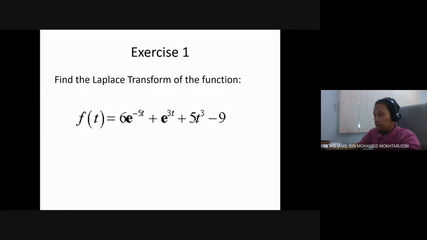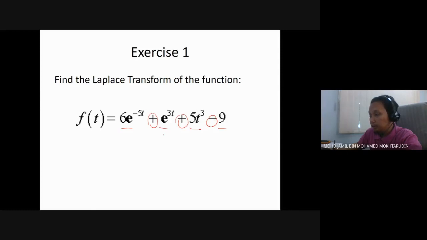Okay, so some exercise. Find the Laplace transform of the function f(t) equals 6e to the power of minus 5t plus e to the power of 3t plus 5t cubed minus 9. Here you need to perform Laplace transform for each of these functions separately because you have algebra here, plus and minus.